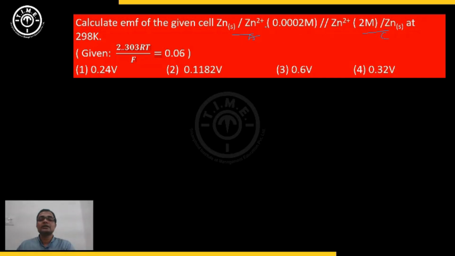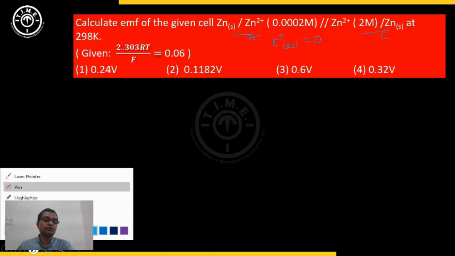But the Zn2 plus ion concentrations are different. Electrolytes are at different concentrations. Therefore, this cell is an electrolyte type concentration cell. For this electrolyte type concentration cell, E naught cell value is always 0. That you have to take. Now we have to solve.